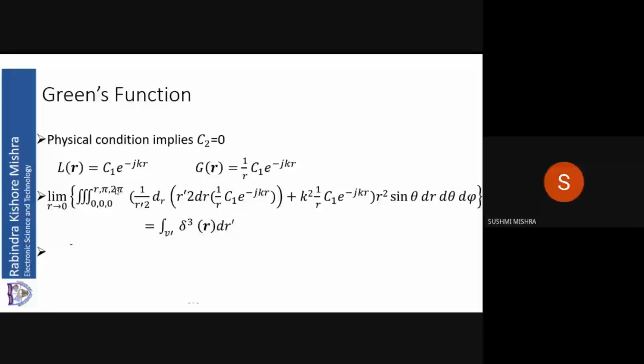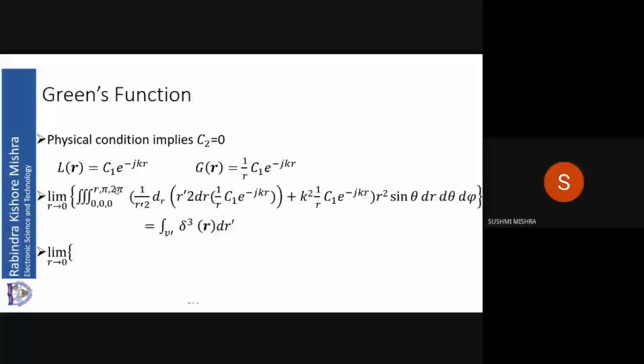For the right hand side, it is delta q bar and dv dash. Now the right hand side, you know what it will be. Delta function integrated over the whole space gives you 1. Integration of delta r dr from minus infinity to infinity is equal to 1. Therefore, I know what my right hand side will be.